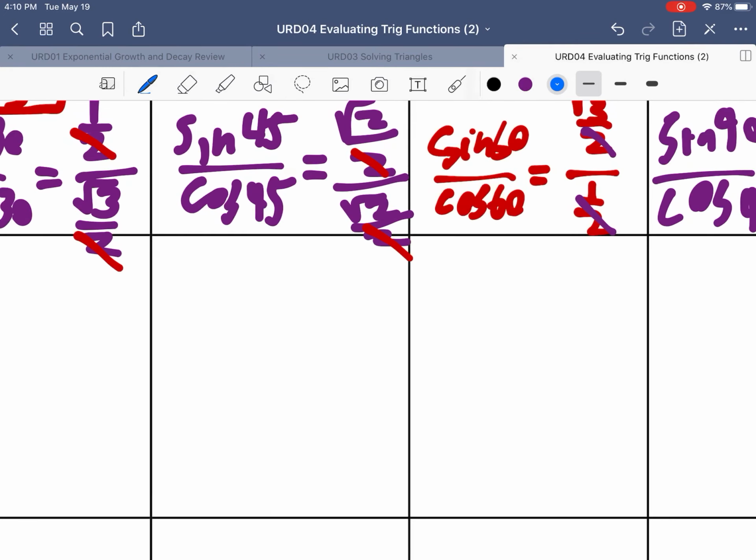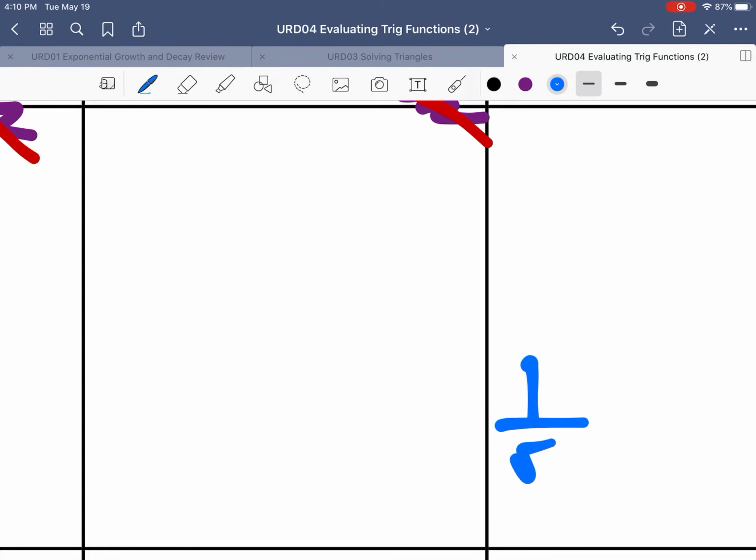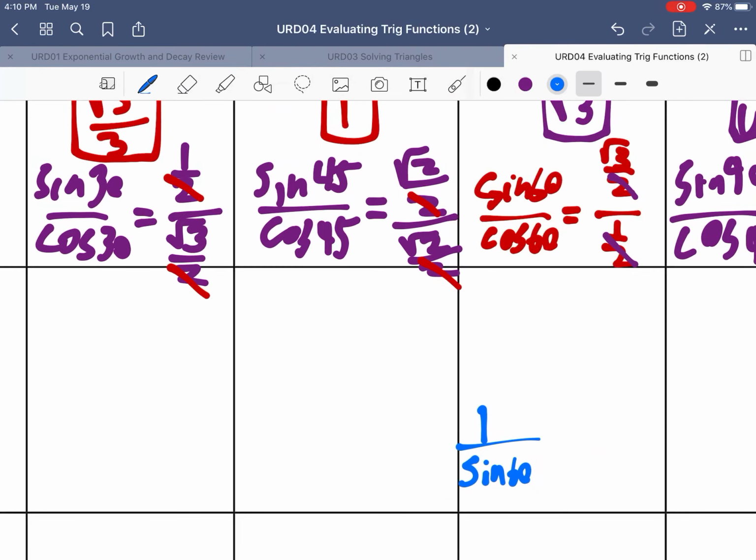And let's do the cosecant of 60. So the cosecant of 60 is going to be 1 divided by the sine of 60, which is going to be equal to 1 divided by radical 3 over 2.